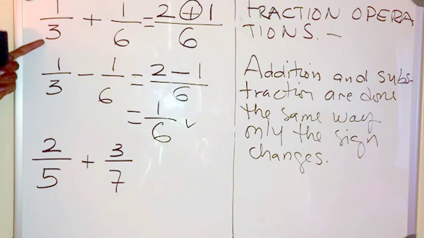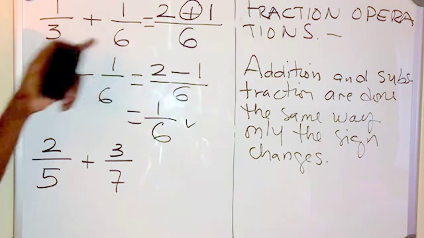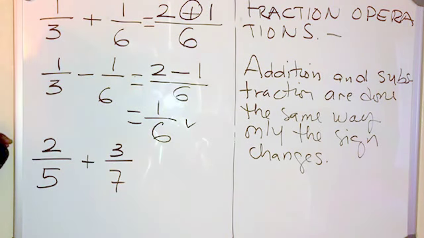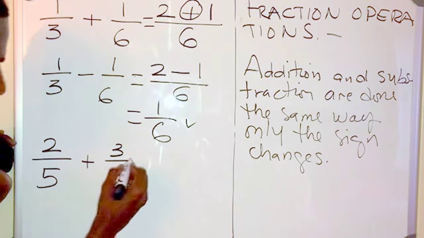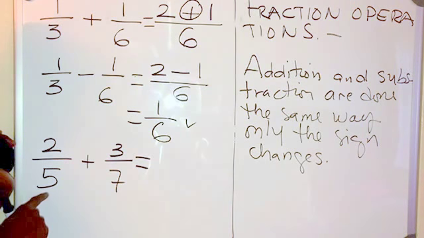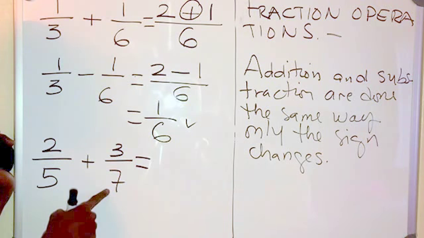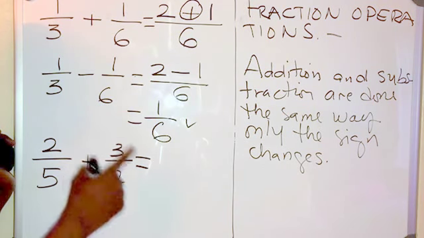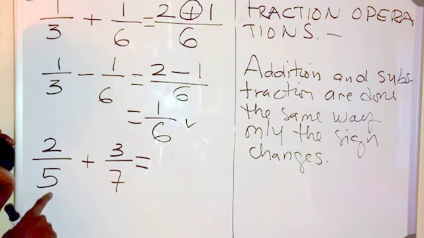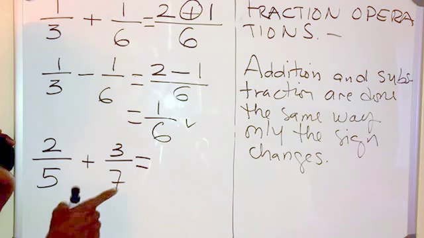I could multiply 3 by a number to get 6, which was 2. But in this problem, we can't multiply 5 by any whole number, a natural number, to get 7. We can't multiply 5 by a number unless it's a decimal to get 7.